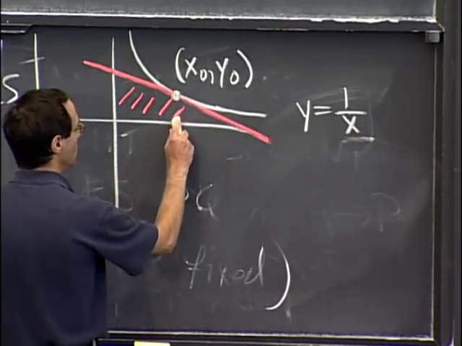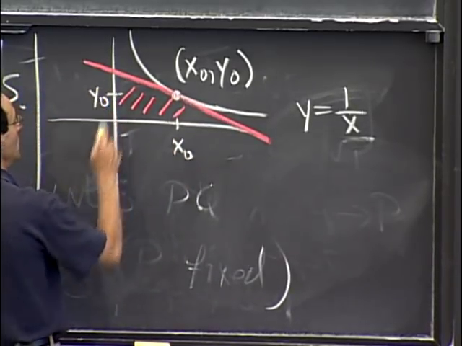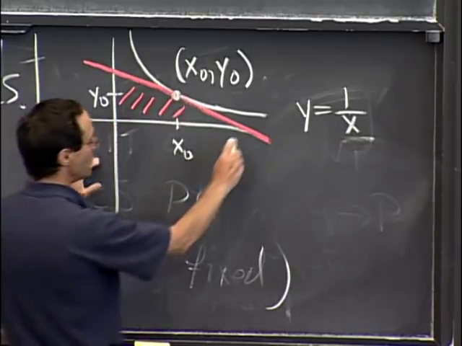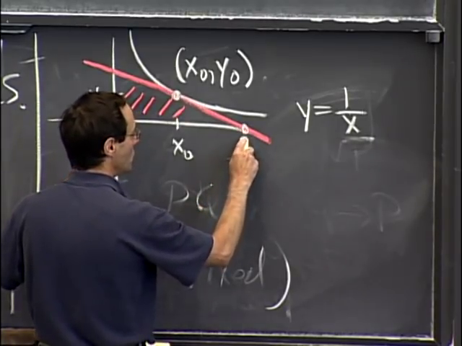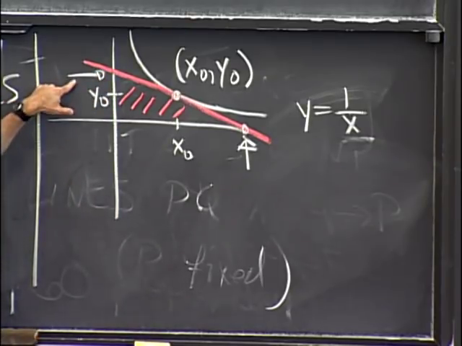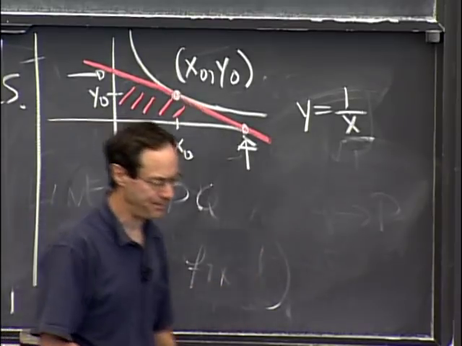So first of all, this is the point x0, and over here is the point y0. That's something that we're used to in graphs. And in order to figure out the area of this triangle, it's pretty clear that we should find the base, which is that we should find this location here, and we should find the height, so we need to find that value there. All right, so let's go ahead and do it.